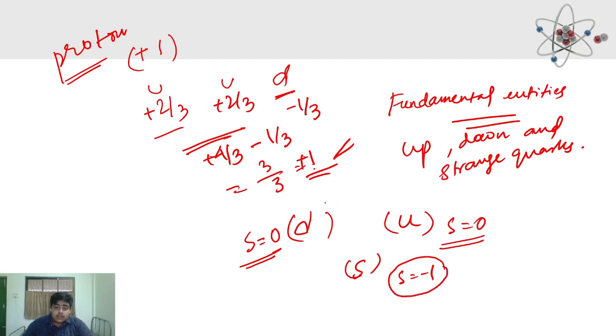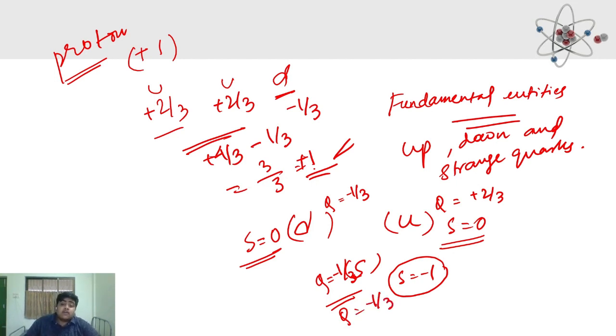The down quark has a charge of negative 1 by 3. The up quark has a charge of positive 2 by 3. And the strange quark has a charge of negative 1 by 3. I'll write it again: Q equal to negative 1 by 3.